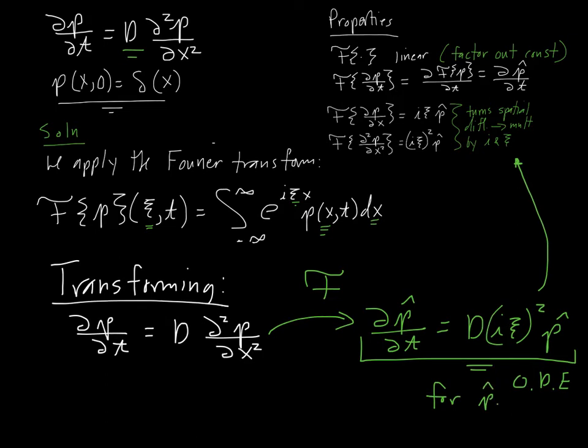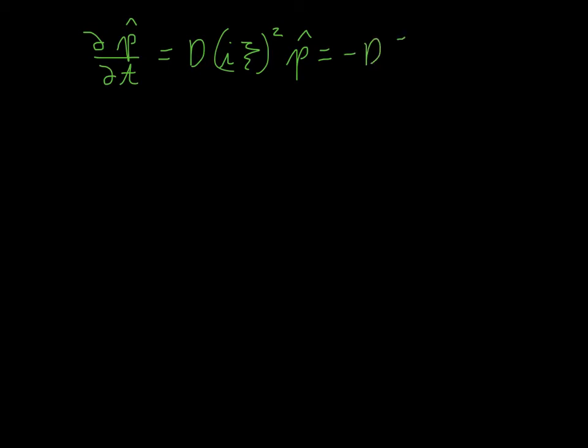So far we have that the partial of p hat with respect to t is equal to D times i squared c squared p hat, which, since i squared is -1, can really be written as negative D c squared p hat. This is again an ODE in p hat.